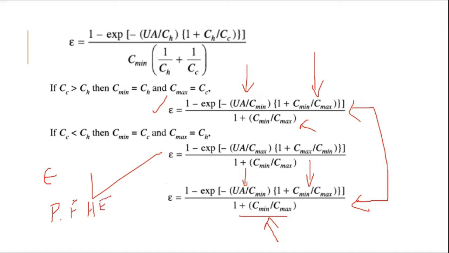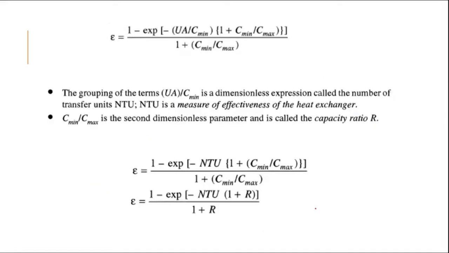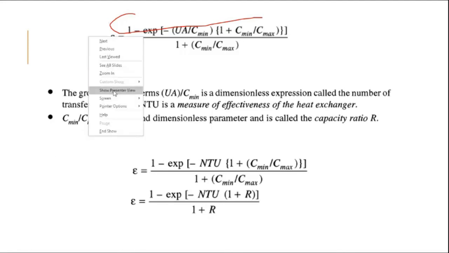Yes, sir. Okay. I have rewritten the same relation over here. The terms are 1 minus exponential UA by C min. Now, if you will recall the definition of NTU, NTU was equal to what?